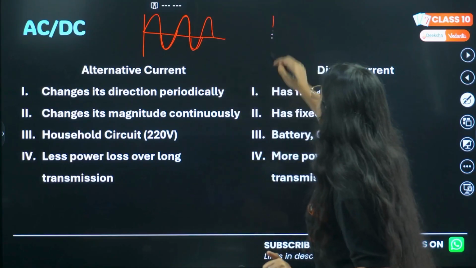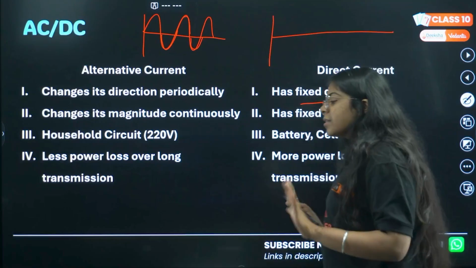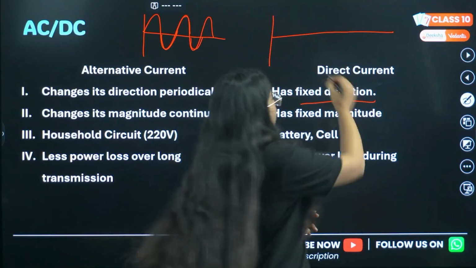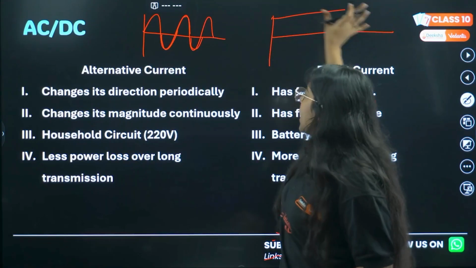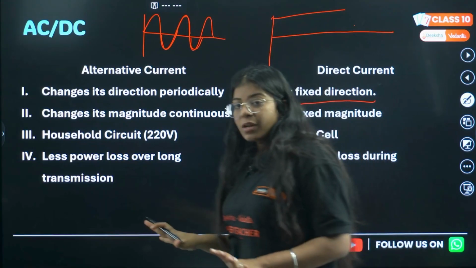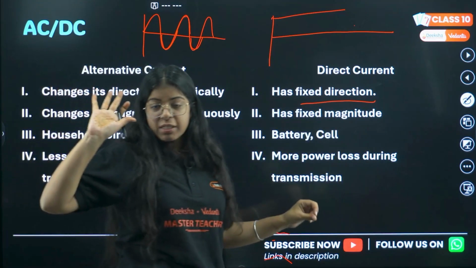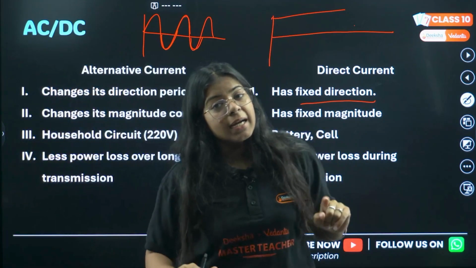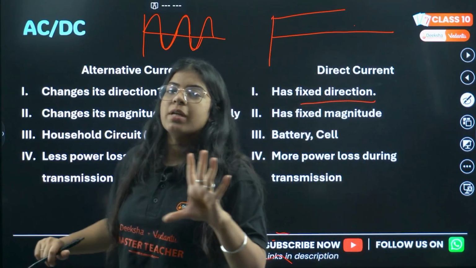But DC current has a fixed direction. So this is my DC current, or if you want to draw it like this, this is my DC current. It has a continuous supply, whereas AC has a fluctuating supply. AC is changing its direction continuously, but DC is not; it has a fixed direction.